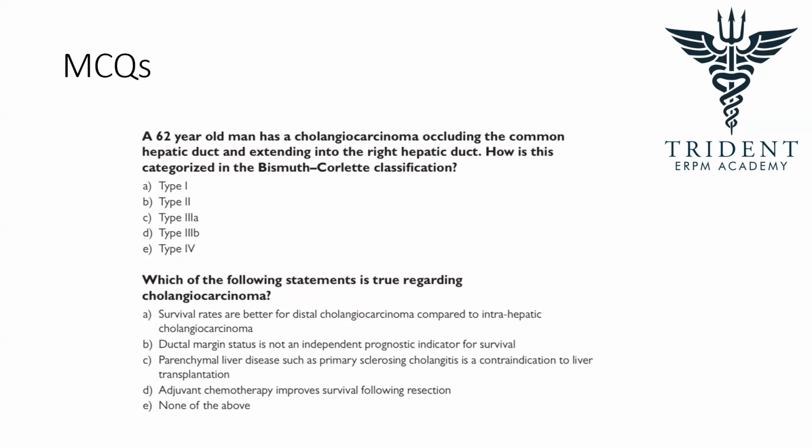If you take hilar cholangiocarcinoma, with all the patients as a whole, only 15 to 30% of the patients are candidates for surgical resection or transplant. Therefore, distal cholangiocarcinoma has a better prognosis.